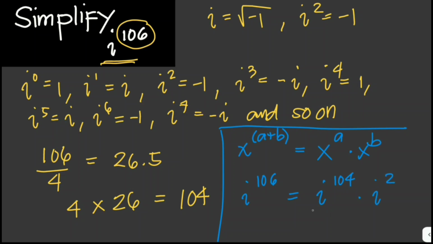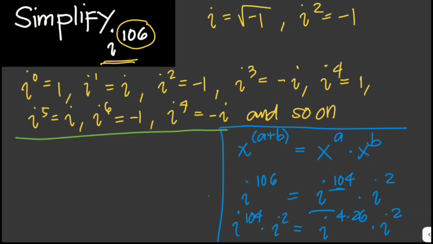Then we can rewrite the 104 as a multiple of 4. So i to the 104 times i squared is equal to i to the power of 4 times 26, times i squared.